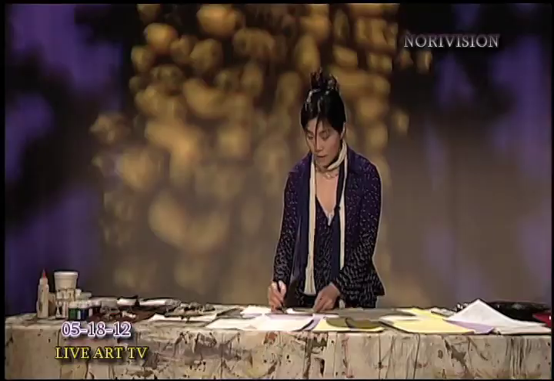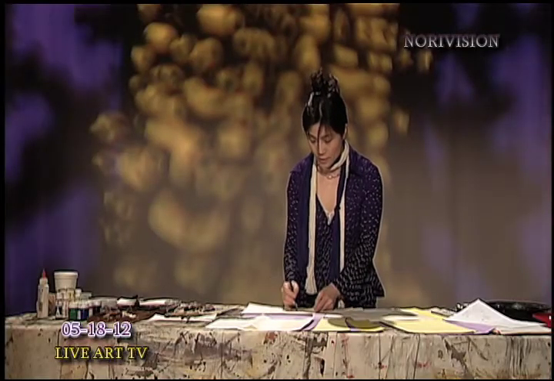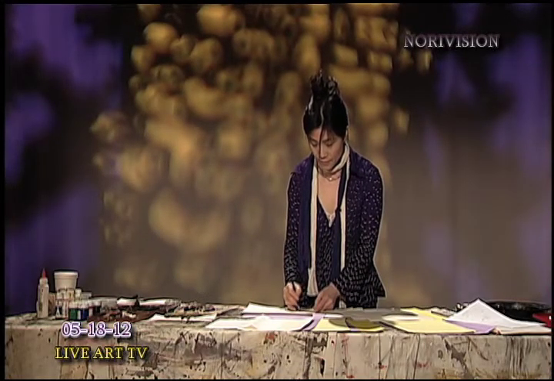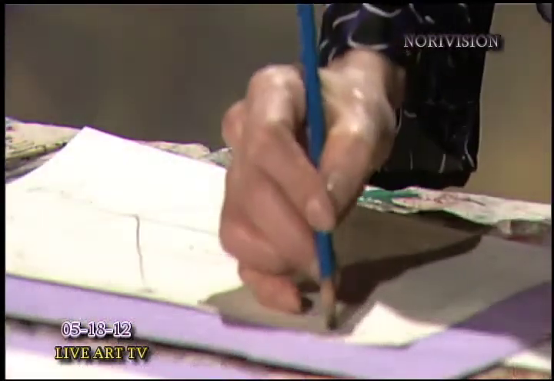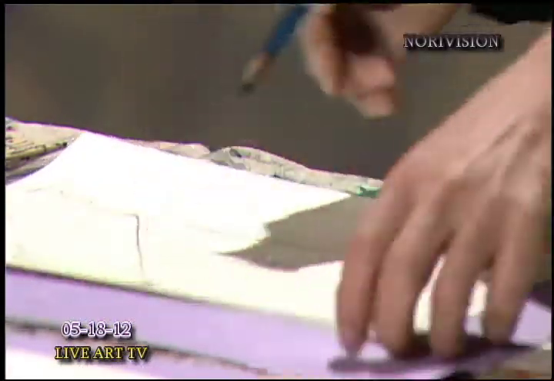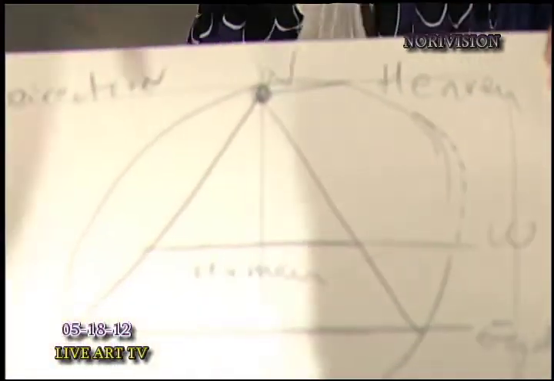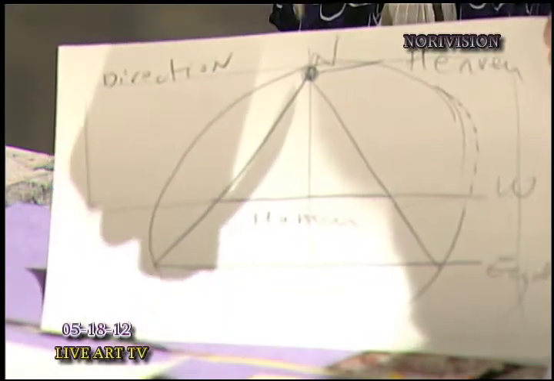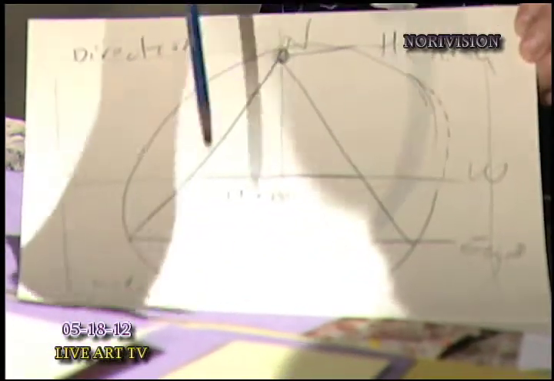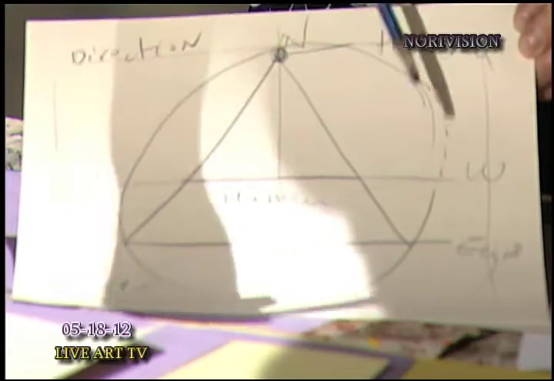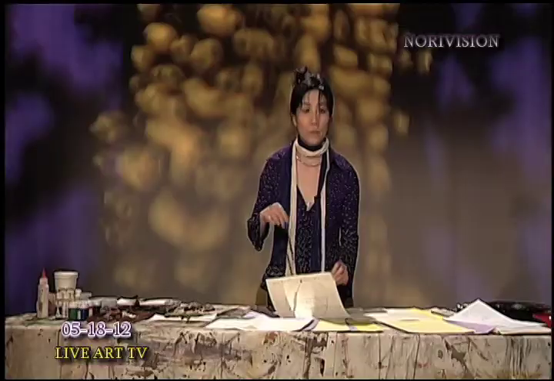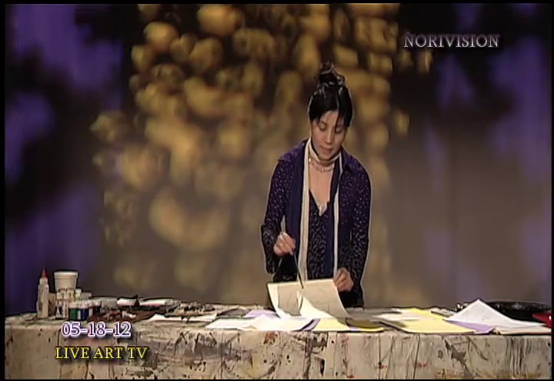Okay, I'm going to show you. This is life. This is direction. I like to introduce to you, this square is the direction of our life, east, west, south, north. And this circle indicates the life circle, a universe, right? Inside there's another triangle.